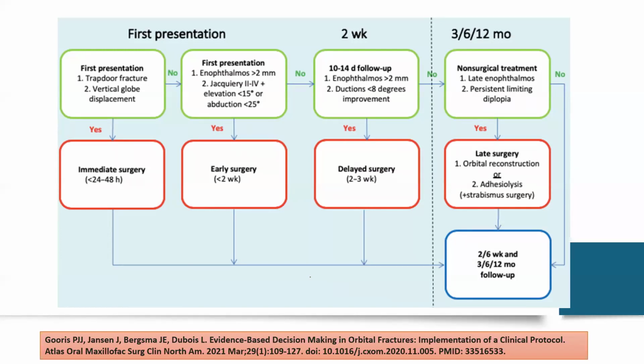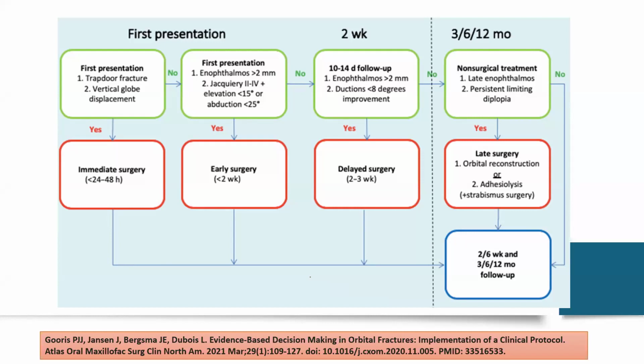Whereas early surgery, which is within 2 weeks, is for enophthalmos greater than 2 mm, and fractures which come under Jaquiéry 2 to 4, with restriction of elevation of 15 degrees and abduction less than 25 degrees. Those patients have to be taken up for surgery within 2 weeks.